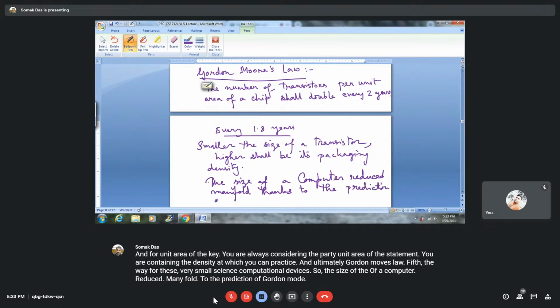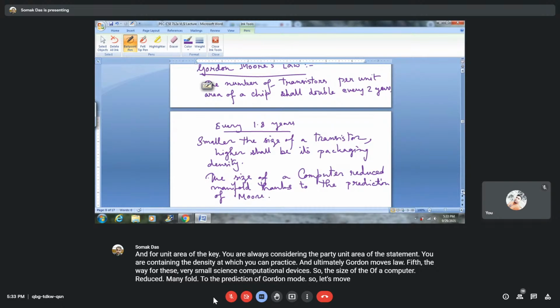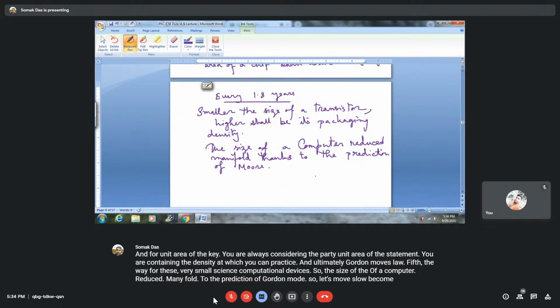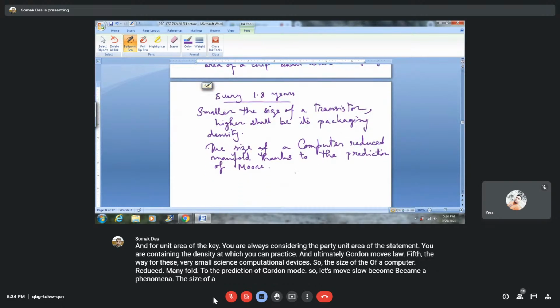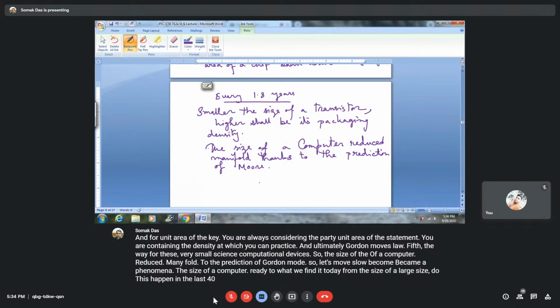As Moore's law became a phenomenon, the size of a computer reduced to what we find today, from the size of a large room. This happened in the last 40, 50 years.